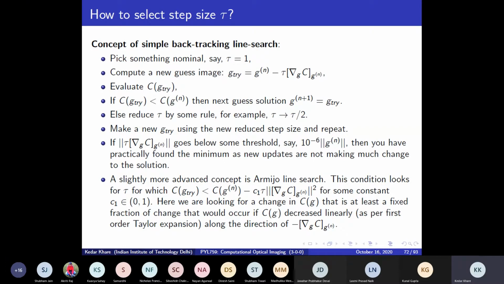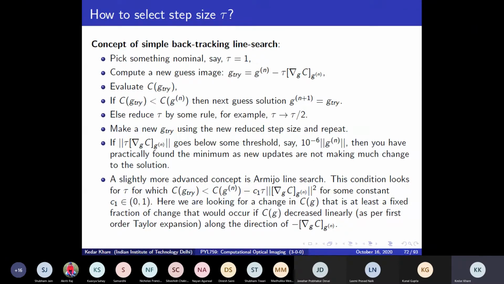So the first thing is, you can take some nominal value for tau, say tau equal to 1. And what we can do is, you want to do the gradient computation only once, at G n, but I can compute a guess image, which is say G try.